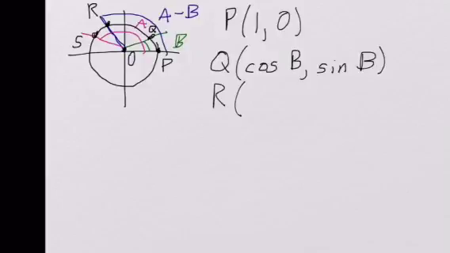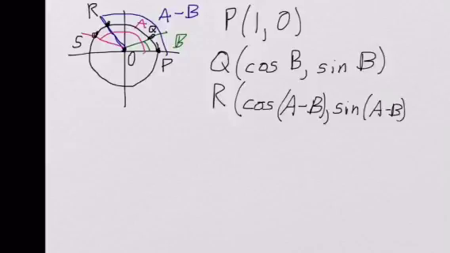R is (cosine of A minus B, sine of A minus B), and the point S is (cosine A, sine A).